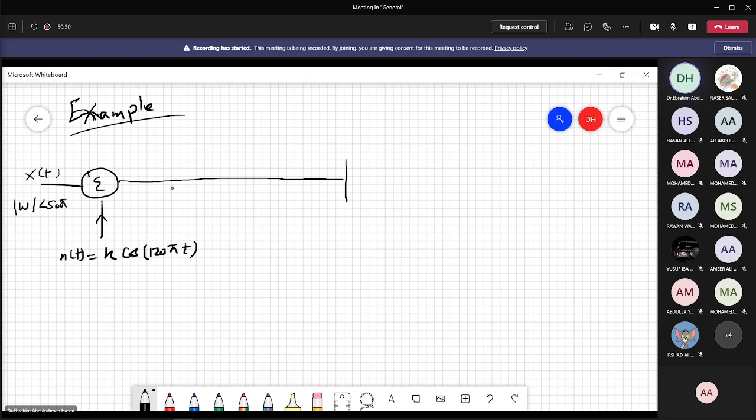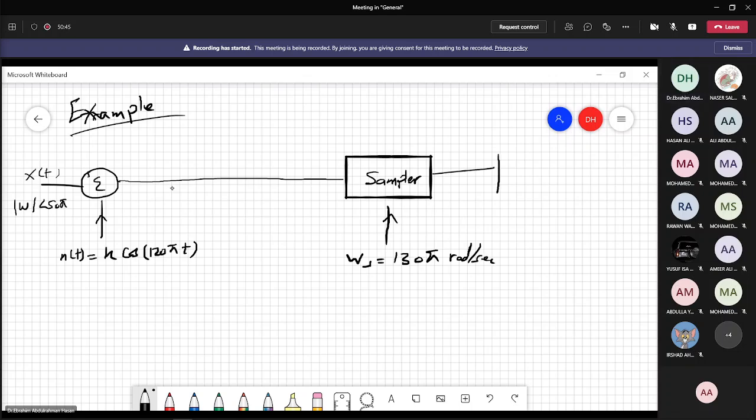Then this one, I sample it at omega s, which is equal to 130 pi radian per second. Then I filter it to get y of t.